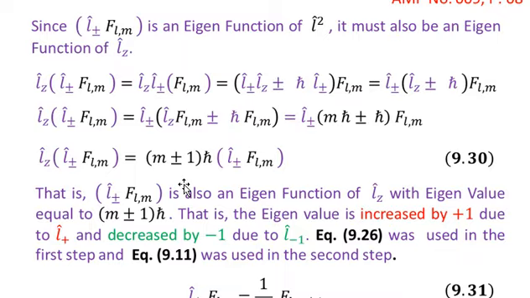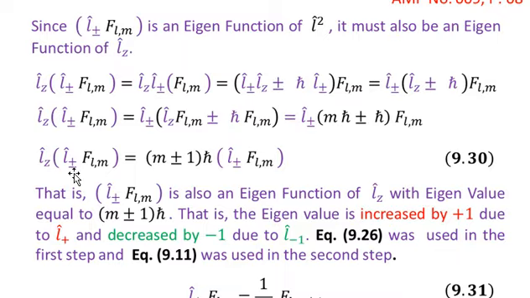That is, it is raising F to its higher value. That will be F L comma m plus 1, the wave function corresponding to the higher state. And when L minus, the lowering operator, operates on F L M, it will give you the wave function F L comma m minus 1. That is the wave function corresponding to the lower state.